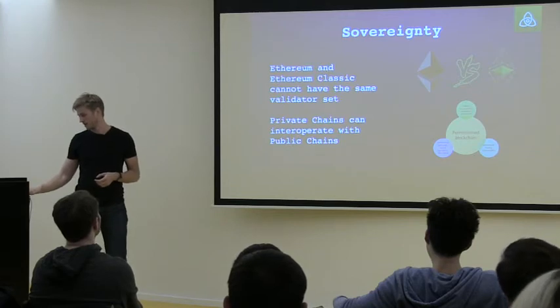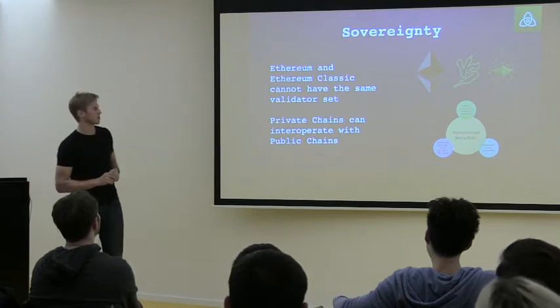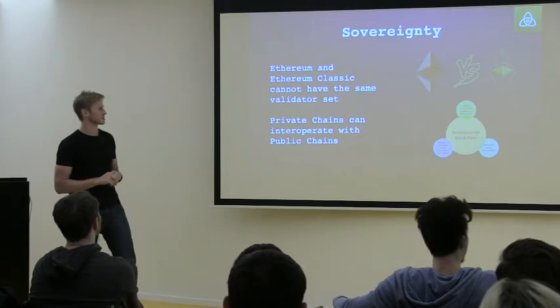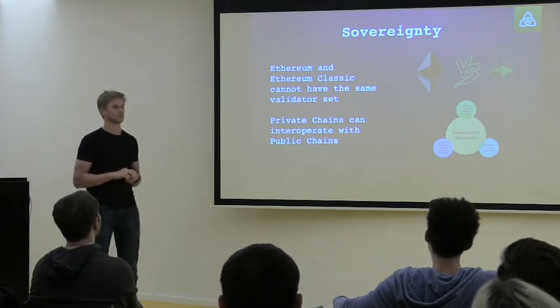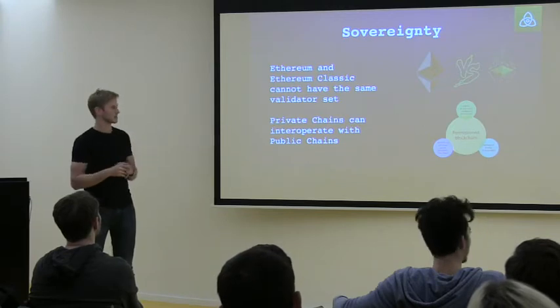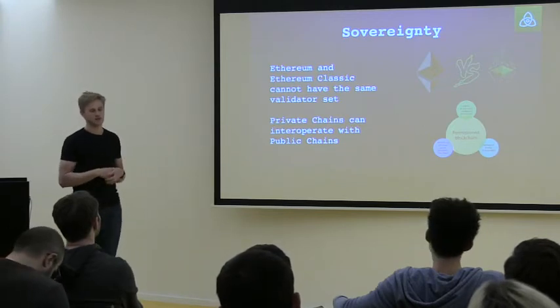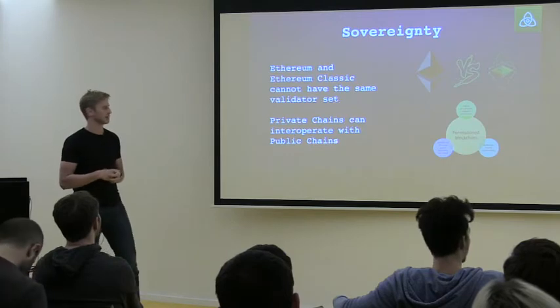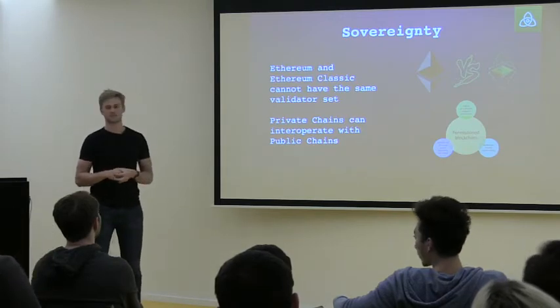I think sovereignty is another example of why this is key. If you think of Ethereum and Ethereum Classic, if you move to a proof of stake world, it doesn't make any sense that they would have the same validator set. They have different philosophies, different communities, different interests, so they should have different validator sets.